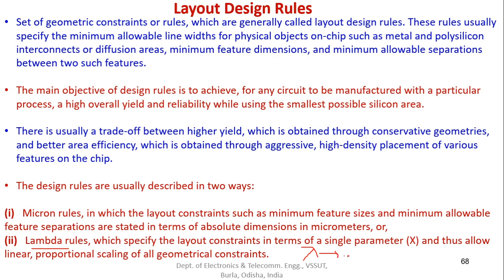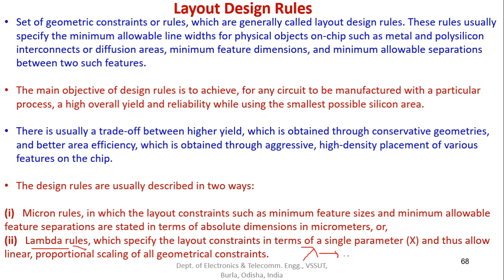So all the dimensions, all the spacings, all the metal widths, all the line widths, the area, the dimensions of the active region, and all those things will be specified in terms of a single parameter, and we call this parameter simply lambda, and hence it is called lambda rules.